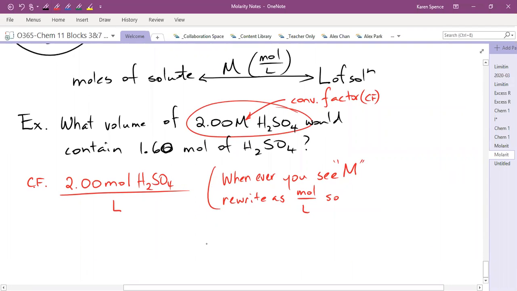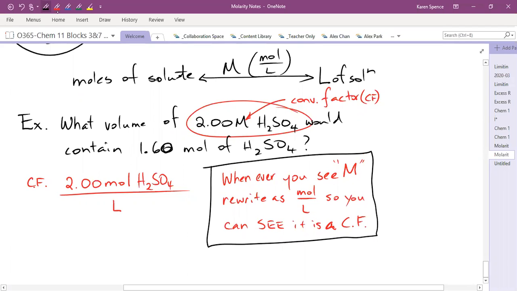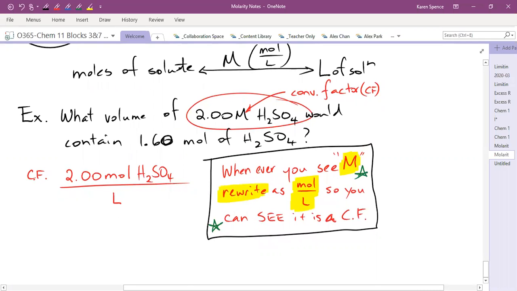Very important: don't forget, whenever you see molar, rewrite it as moles per liter. So you see that conversion factor, because that is our conversion factor.